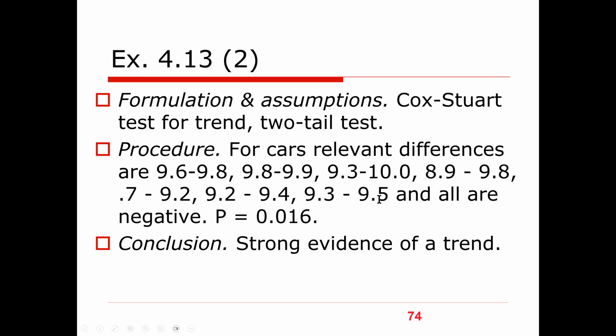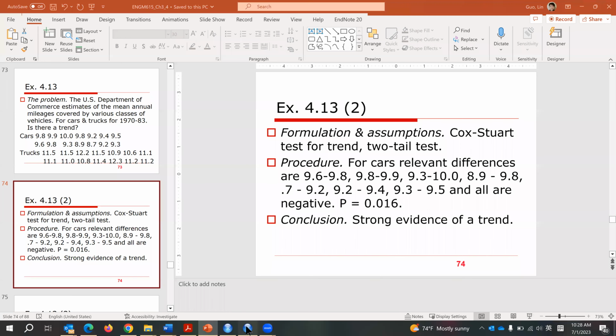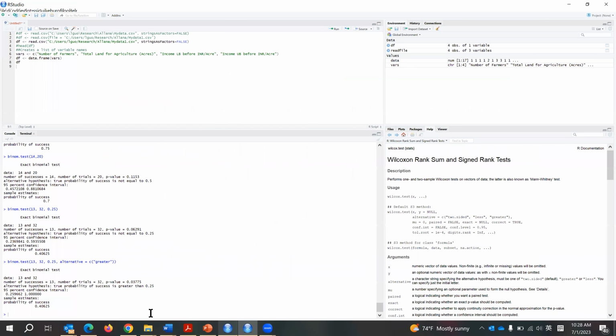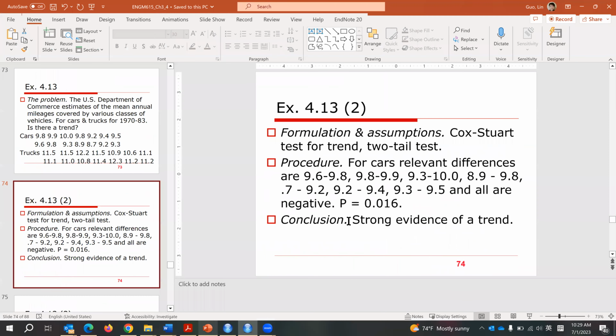If we use R, we use the binomial test, binom.test 7 out of 7. And the p-value is very small, which means we need to reject the null. The null is there's no trend. So the conclusion is, there is strong evidence of a trend.